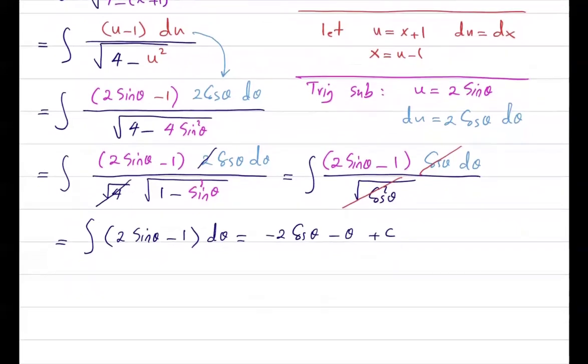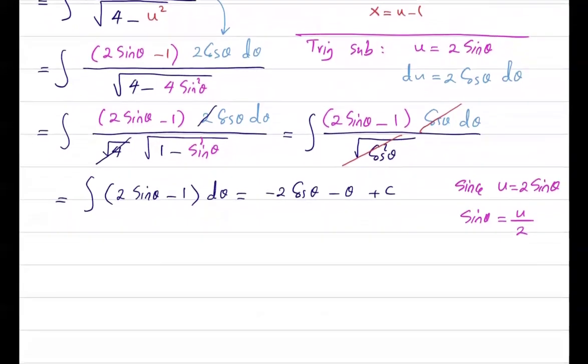Since u is 2 sine theta, sine theta is u divided by 2. Take a look at the right triangle, everyone. We have to go back to our right triangle and figure out what we are doing. So here you have your theta, sine is u divided by 2.